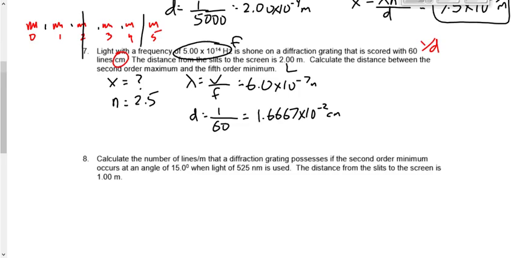This is going to be in centimeters. We want to convert that to meters. It's going to be 1.6667 times 10 to the negative 4 meters. Make sure you flip it over, get the value of D first, and then convert it to meters. We know N is 2.5.